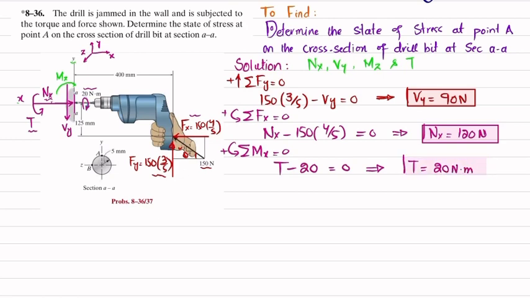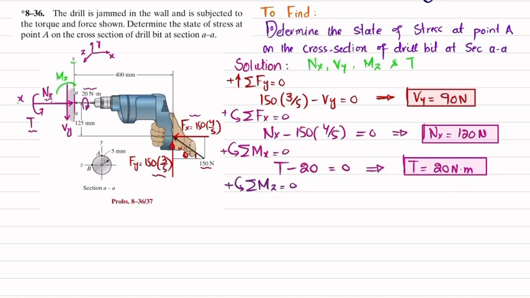And the last thing we will find is the moment about the z-axis. The sum of all moments about the z-axis must be equal to 0, taking counterclockwise moment as positive. About this z-axis, one moment is this Mz, which is clockwise, so it is taken as negative. The second moment is this horizontal force into the perpendicular distance, 125 millimeter, and the third one is this force into the perpendicular distance, 400 millimeter. Their sum must be equal to 0.